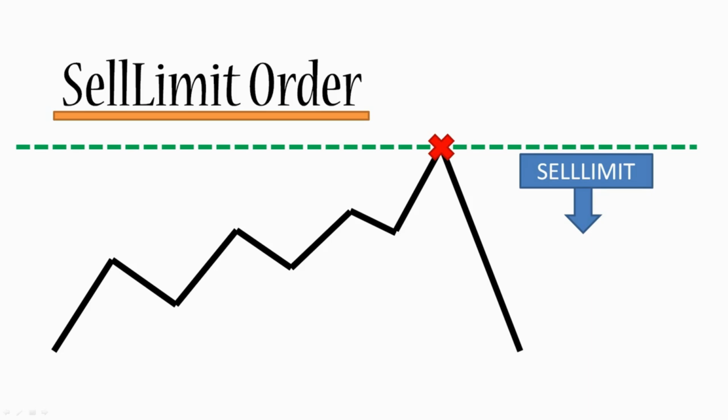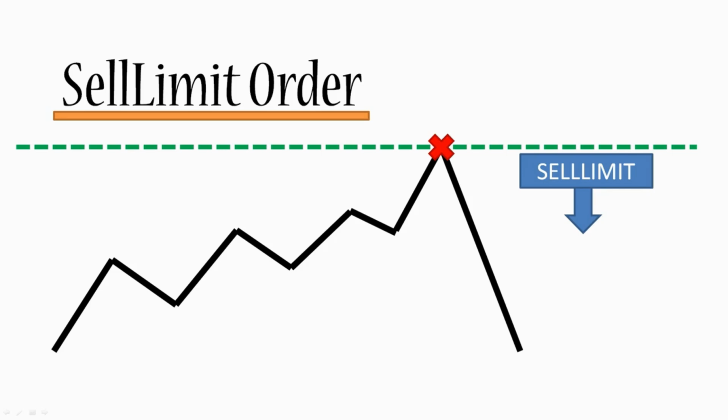Even with a sell limit order, you can set a stop loss and take profit. Of course, the stop loss would have to be above and the take profit below, and it works exactly the same way, because once the order is triggered, it will turn into either a buy order or a sell order, and all the same rules apply as before.